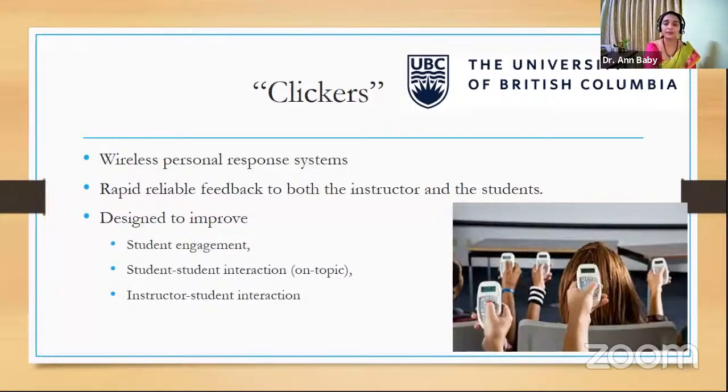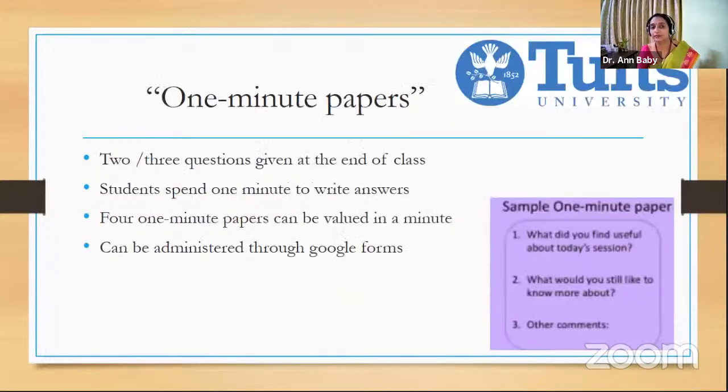Students give the answer, they are able to know their results then and there. We have all these online tools for that now, Kahoot, Mentimeter, and all that. The University of British Columbia, you do it in a very systematic pattern. Okay? So this is one kind of a learner-centered approach which is being used, clickers.